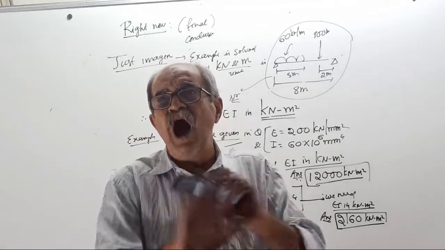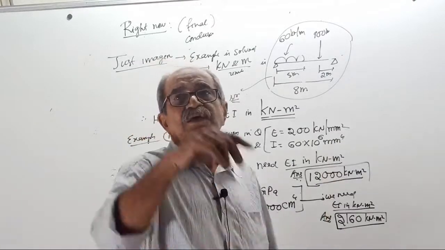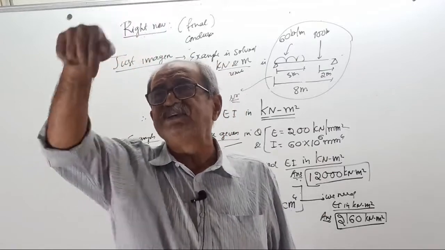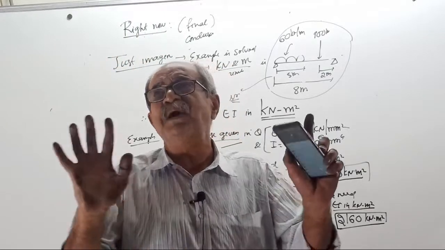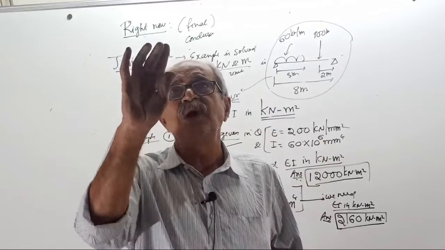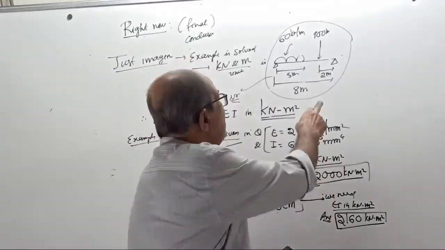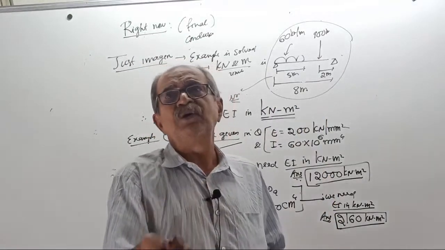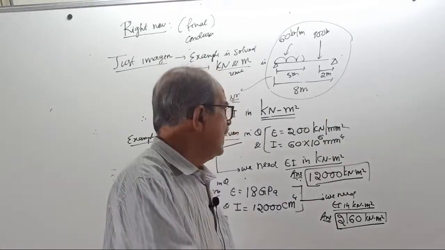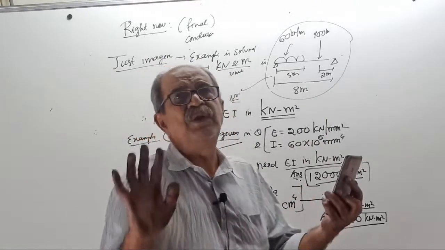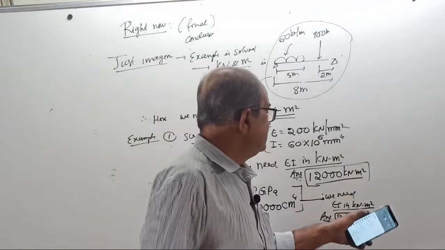I will not explain, I will tell you to solve yourself and get EI this much, in this unit. That is your problem. I will tell the given data, therefore use your common sense and mathematical knowledge, convert EI, and get it in the required units.